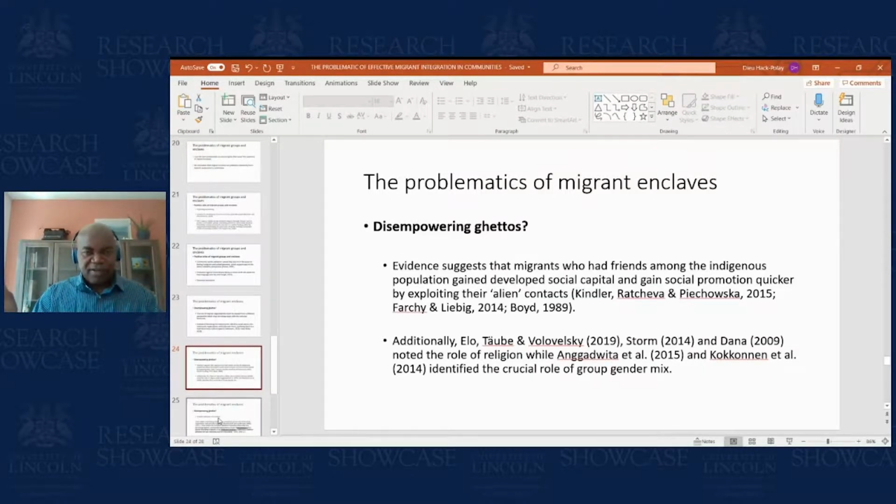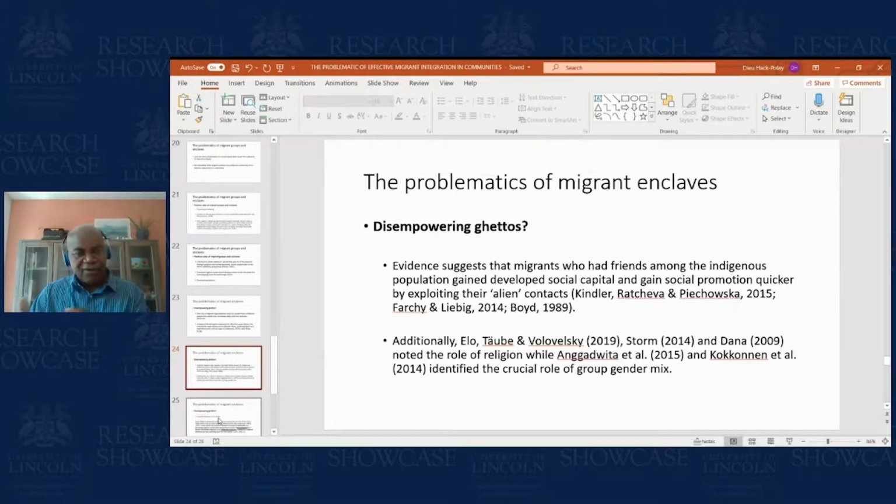So that could be disempowering, and our evidence is not isolated. We've got Kindler, Racheva, and Piekowska, who found exactly the same thing. That we have social capital. Migrants have a lot of social capital that is then suffocated, that is not promoted within the migrant enclave. So we have that evidence.